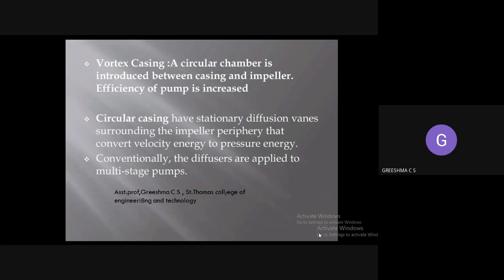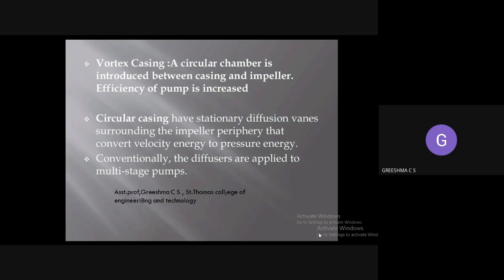Coming to the third and last one, that is circular casing. This is a stationary diffuser vane surrounding the impeller periphery that converts the velocity to pressure energy.